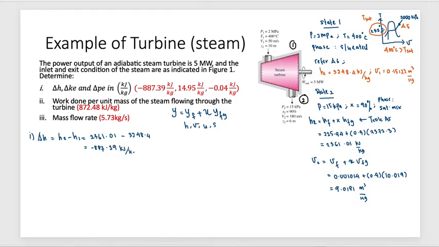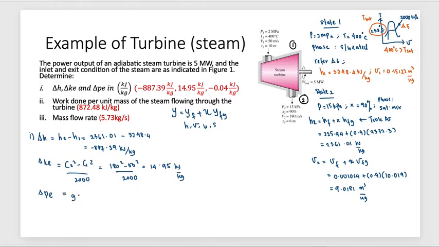Next is delta KE, which is the change in kinetic energy: C2 squared minus C1 squared over 2000. So C2 here is 180 squared minus 50 squared over 2000, and I get 14.95, and my unit is kilojoule per kg. Next is the change of potential energy.